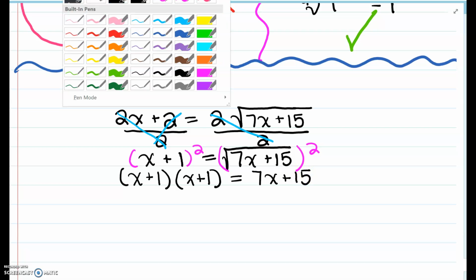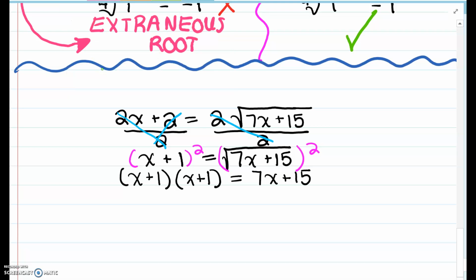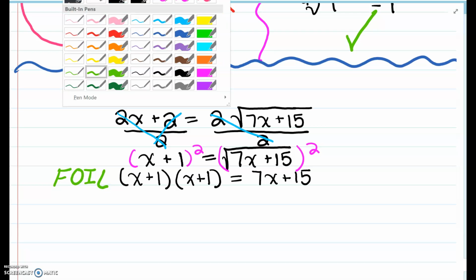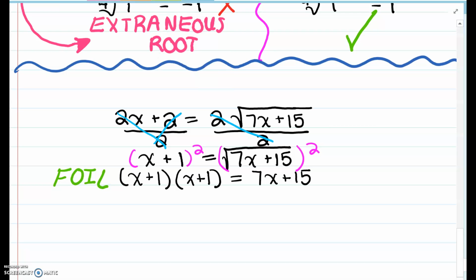Now to simplify, we will FOIL. We'll FOIL the left side of the equation, and we will end up with x squared plus 2x plus 1 equals 7x plus 15.